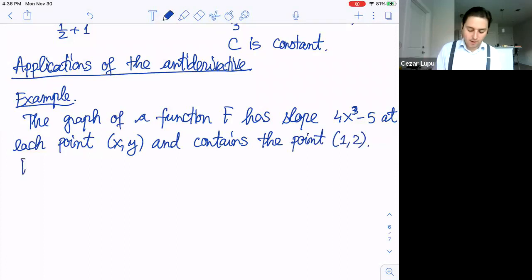Now we would like to find the function F.